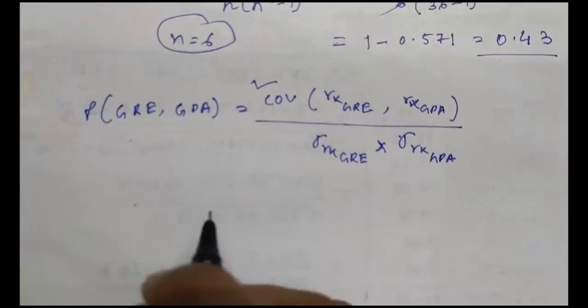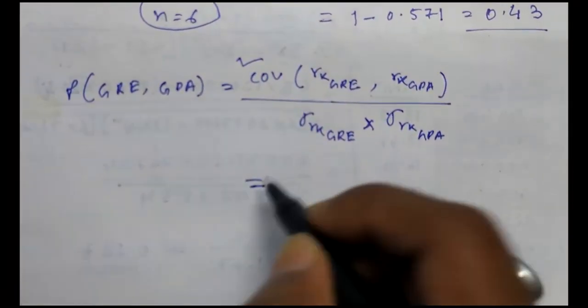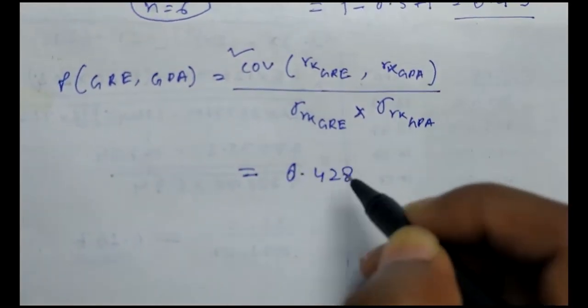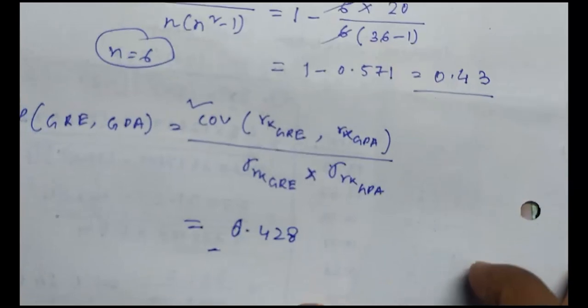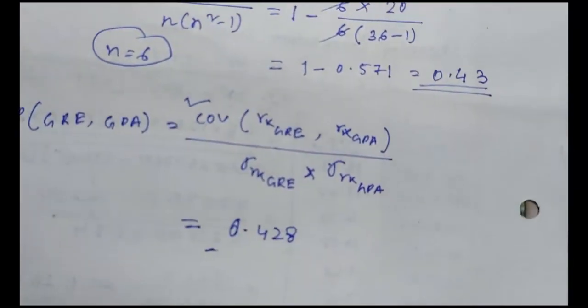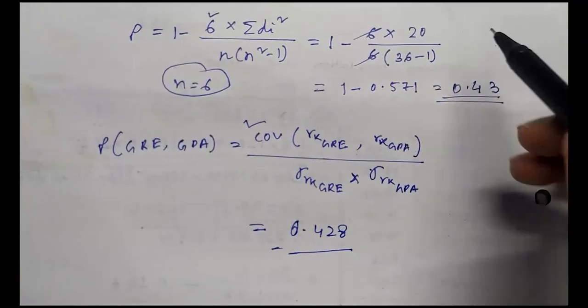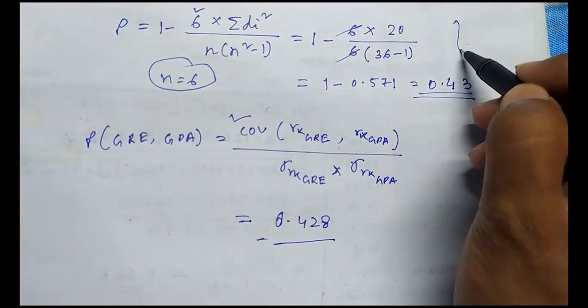And if you calculate on your own, you will find this also provides you 0.428, which is again very close to the earlier value that I got, 0.43. So this is how you can calculate Spearman rank correlation, but I'll suggest that this is the easiest formula.